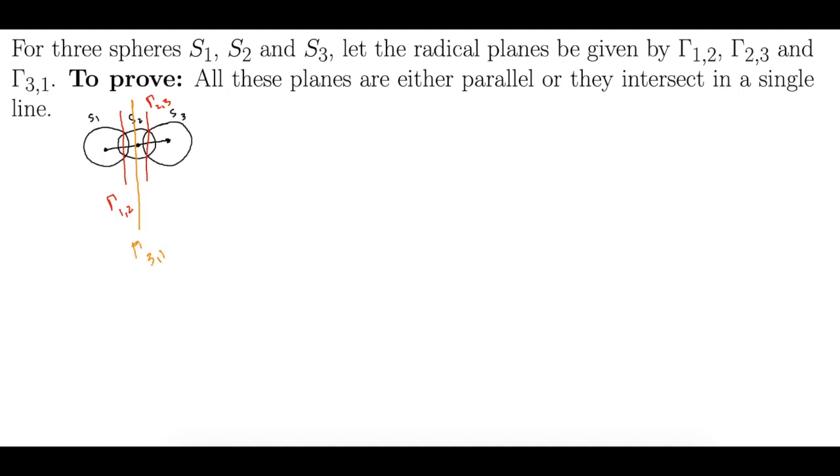Okay, now note, what do we observe? This is my P1 and this is my P2, this is my P3. So I can say P1 P2 and P2 P3 have the same direction.